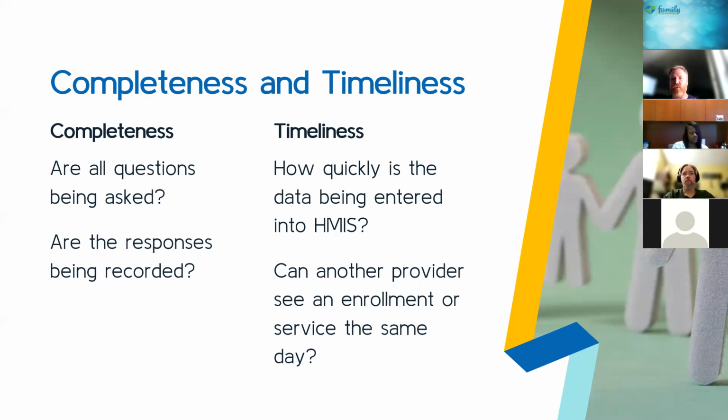Can another provider see that enrollment or that service very shortly after it's offered? If you check someone into your shelter today, and another provider looks at that client record, say for a drop-in basic service, can they see that they're connected with your shelter, or is there a lag between when they actually entered and when that data was put in?